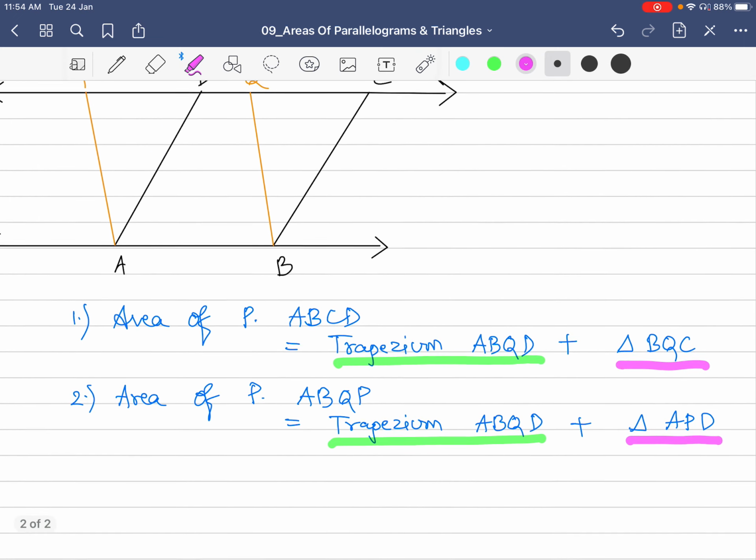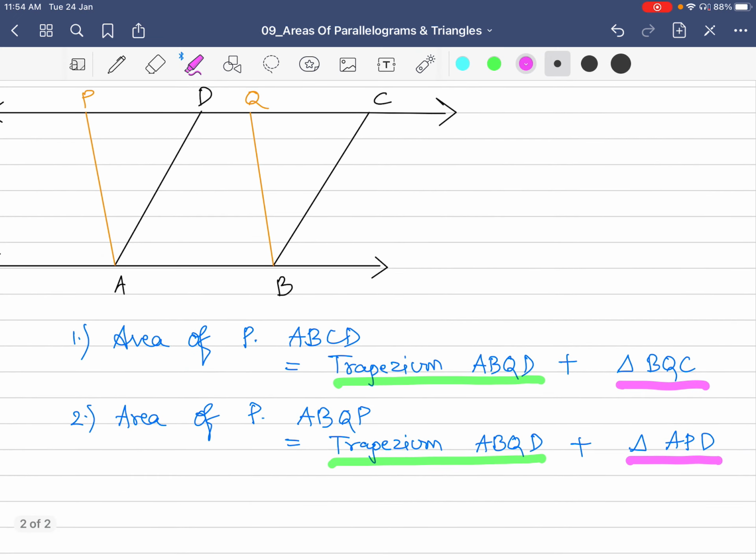Let's come back to the figure. We need to prove that triangle BQC is equal to APD. If we are able to prove this, then we can confidently say that the area of parallelogram ABCD is equal to the area of parallelogram ABQP.